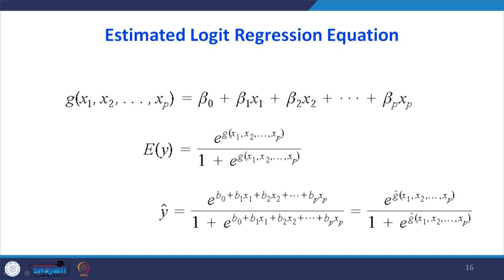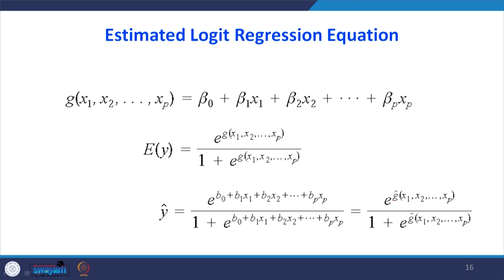You can expand this with the help of sample data b0, b1, b2 up to bp. This is your sample value. With the help of the sample data, we can predict the population parameter. Generally, the name parameter is used only for the population, not for the sample.